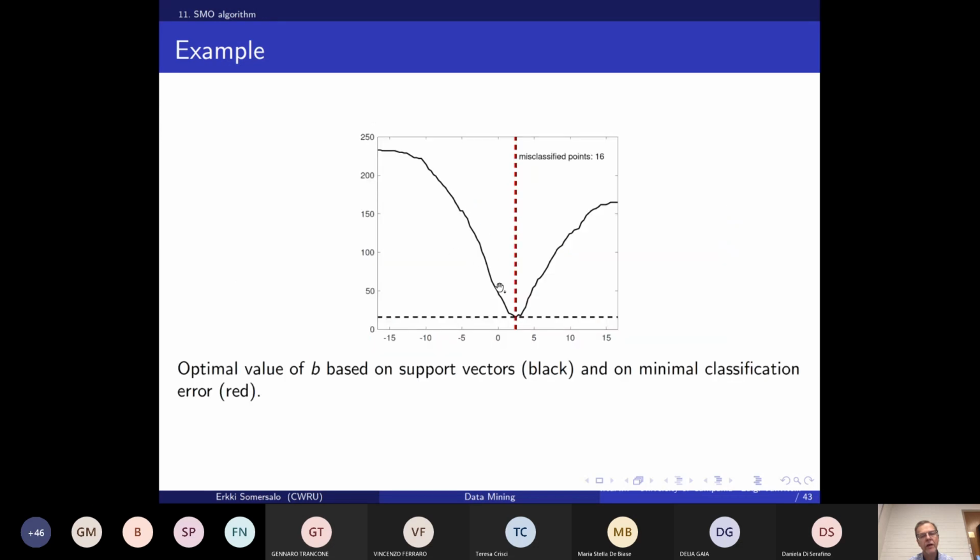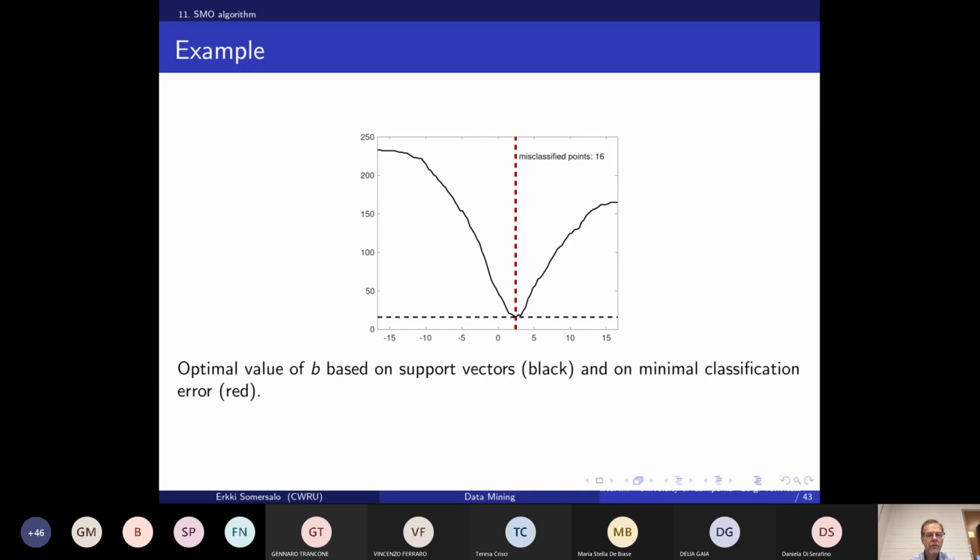This black curve tells how many misclassifications I have. The minimum, which corresponds to this red vertical line, falls almost perfectly on top of the value for B that was based on the theoretical argument of using the support vectors.